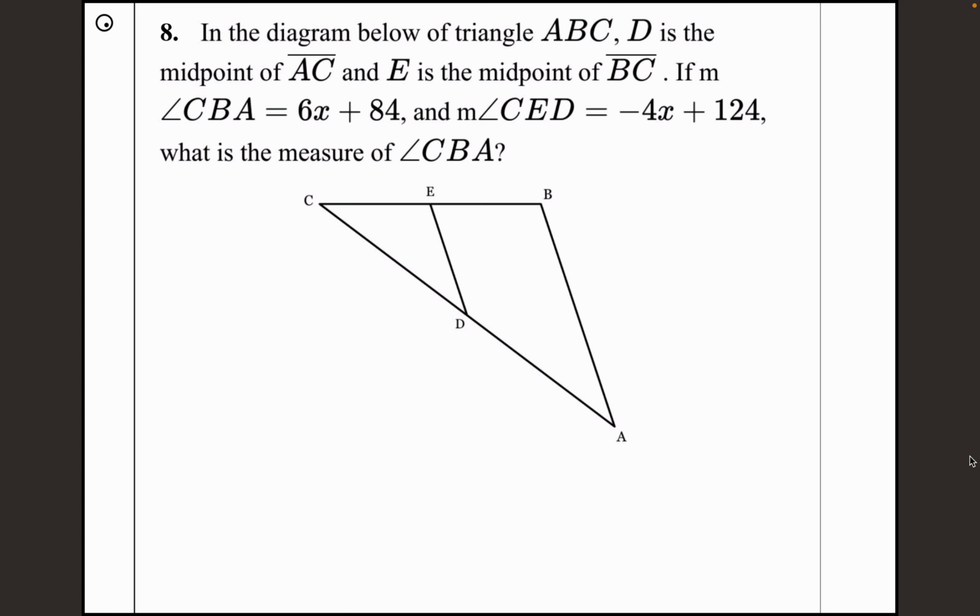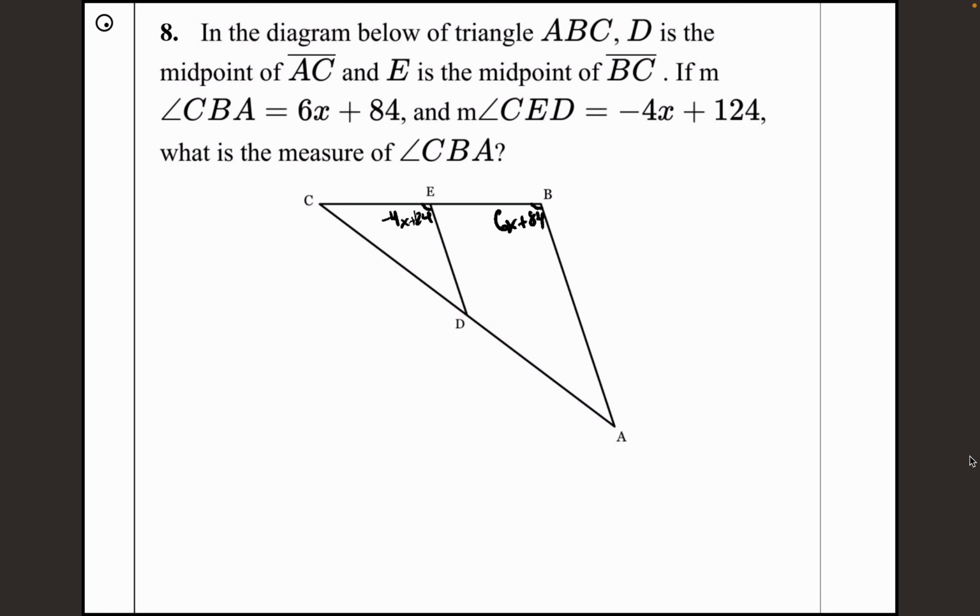So again, we're talking about angles. You can solve while I'm talking. When we are solving angles, I'm going to go ahead and mark them. Now, when we're talking about angles, how are we going to solve these?